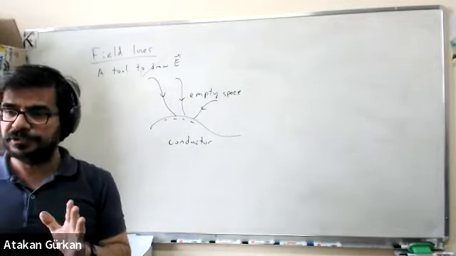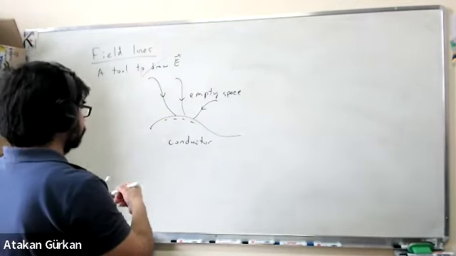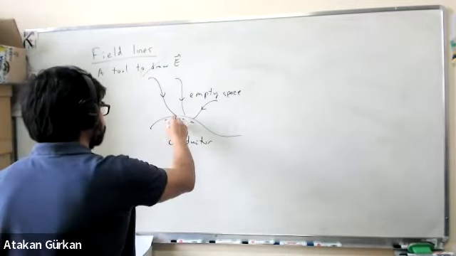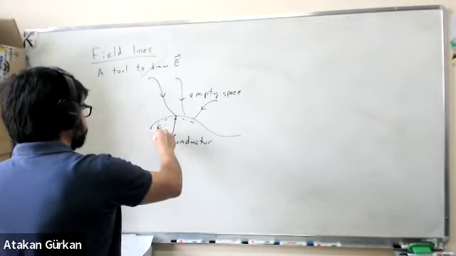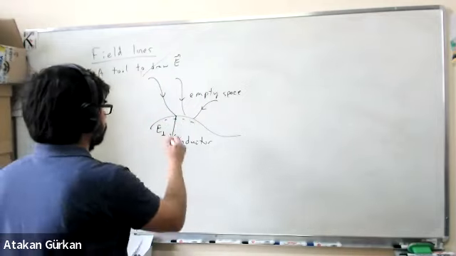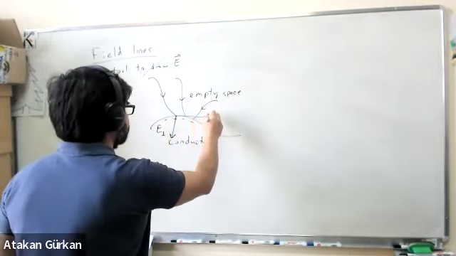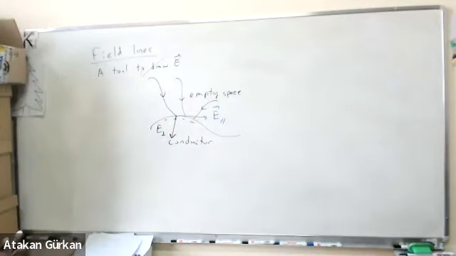So we have these charges that can move freely, and this electric field in general is going to have two components. There's going to be an electric field perpendicular, and there's also going to be a tangential or parallel component that's parallel to the surface of the conductor.